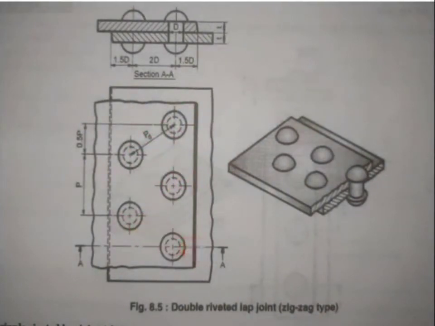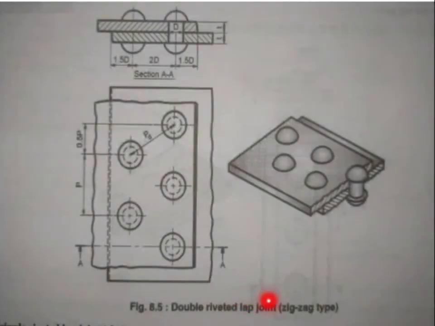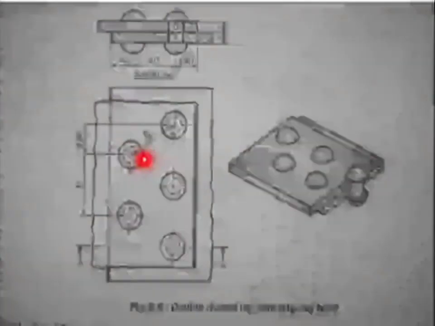This is also double riveted, but since zigzag is obtained, it is named zigzag riveted lap joint. It is not continuous in the row. Between these two rivets, in the other row one rivet is fixed.